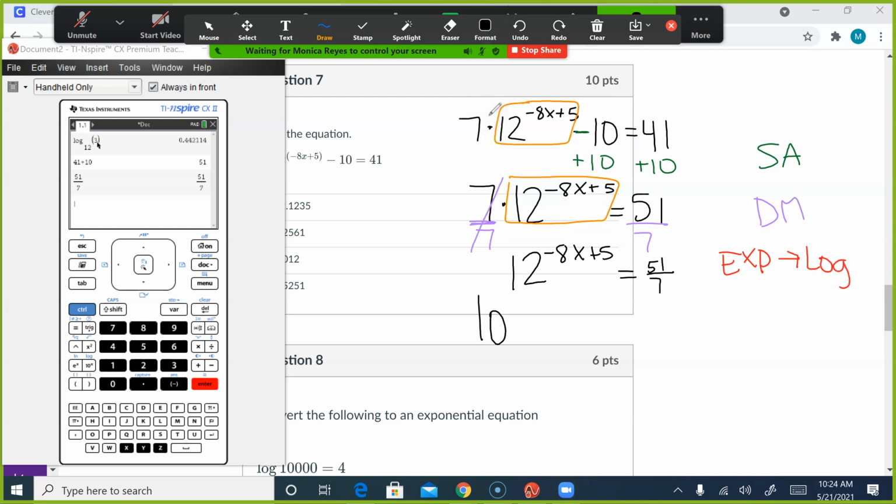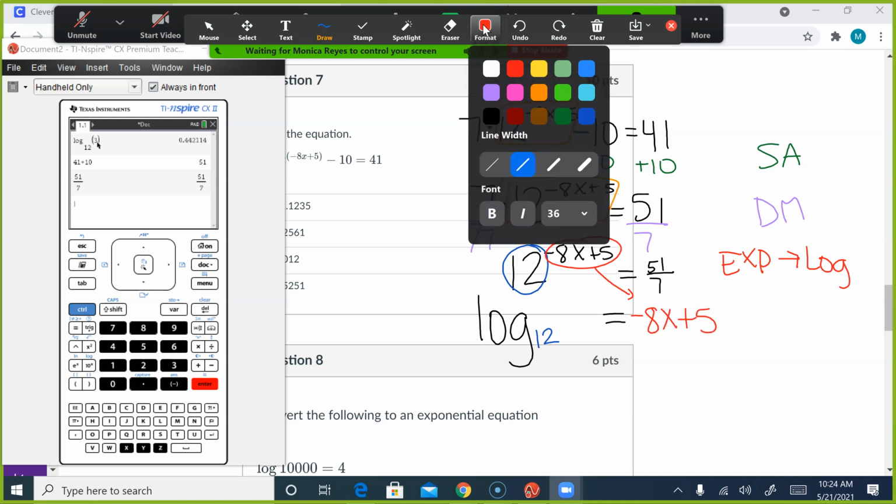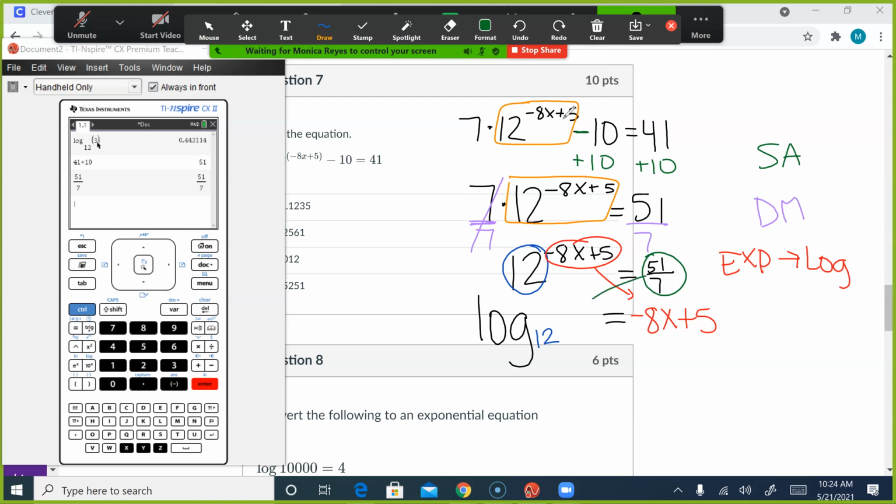So log, the 12 is going to be my base. So this number comes down as the middle number. And the other two switch. So all this exponent stuff is going to go to the other side. And the 51 sevenths goes right here. Which is always in parentheses when you type it in.